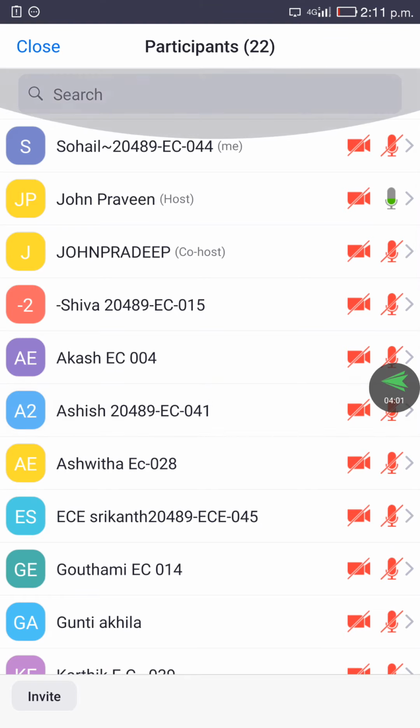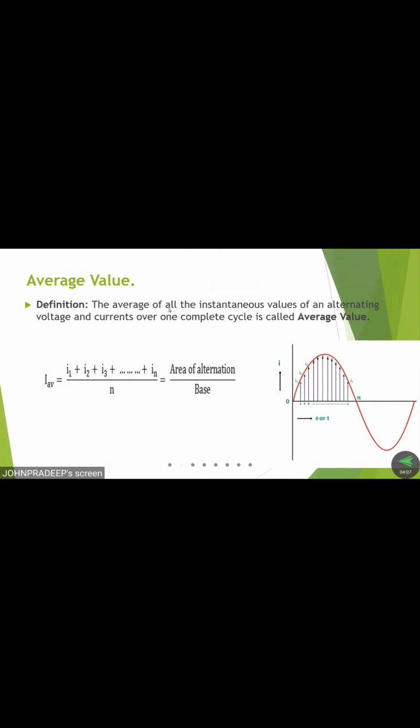So, average value. First we discuss the definition, then we go for the explanation. The average of all the instantaneous values of an alternating voltage or current over one complete cycle is called the average value.